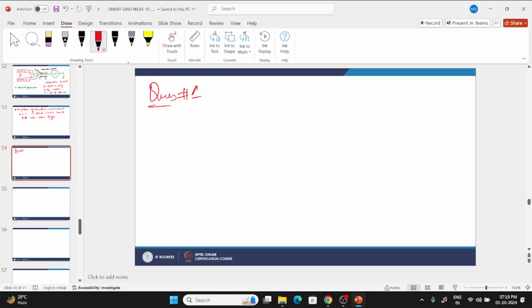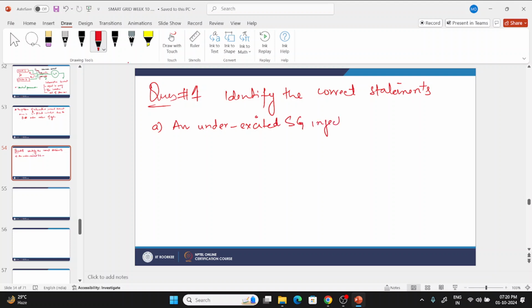Or the question number first. Identify the correct statement. Okay? First A. An underexcited synchronous generator injects reactive power into the system.